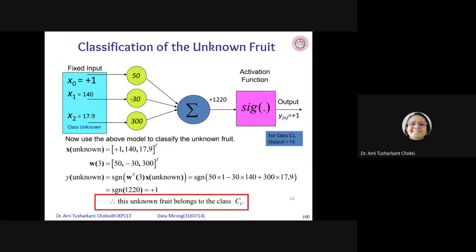Now, what do we do? The fixed input is there, and x1 is what we want to find for: 140 as x1 and 17.9 as x2. That is the weight and length, right? For that we want to find. The initial weights were 50, minus 30, 300.